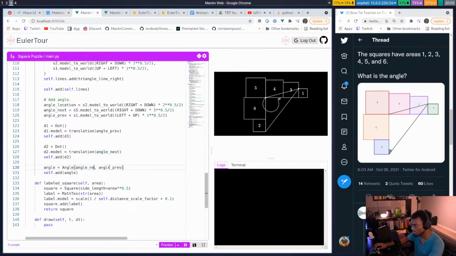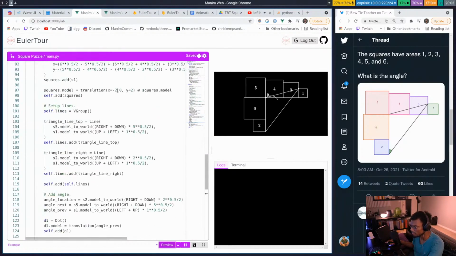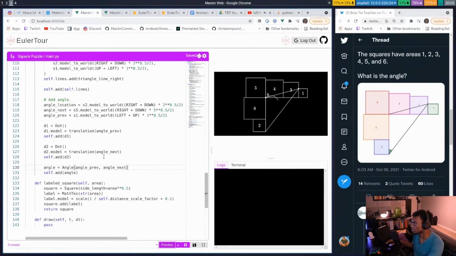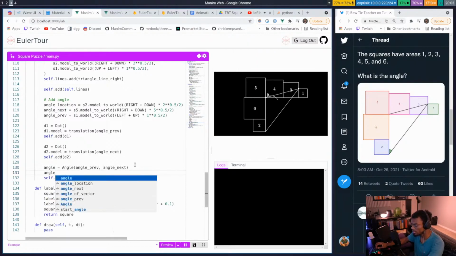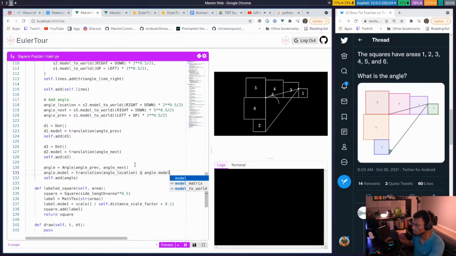Oh, and then do prev and then next. Can't tell if it's starting to work or not. It wants the previous and then the next. And to translate this, I shouldn't have just overwritten that. Should have been this. But still.